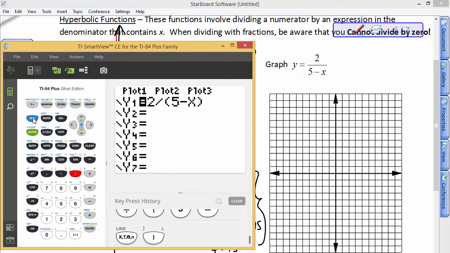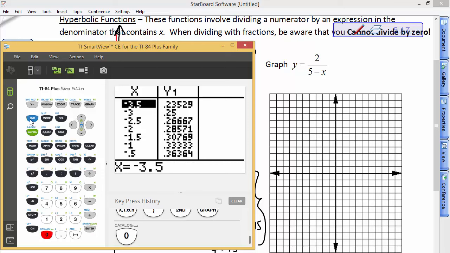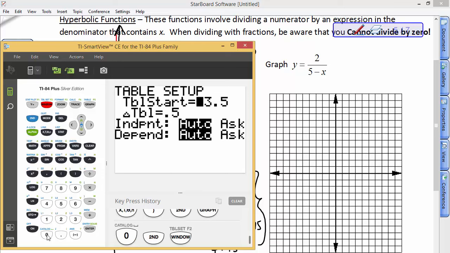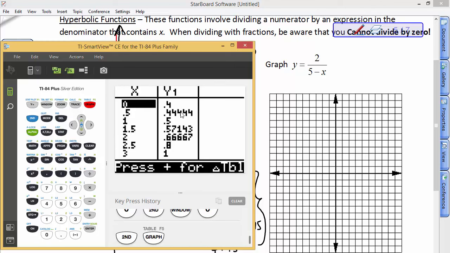I'm sorry, should have gone second table set. Start our table at 0. And then let's go second graph key. So when x is 0, we get 0.4. When x is a half, we get 0.44, and then 0.5. And x is 3, we're up here to 1. Let's see what keeps going.